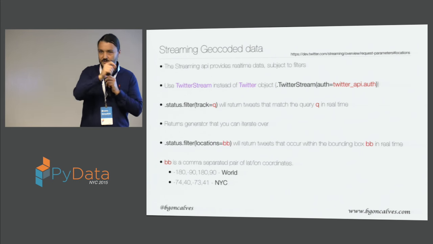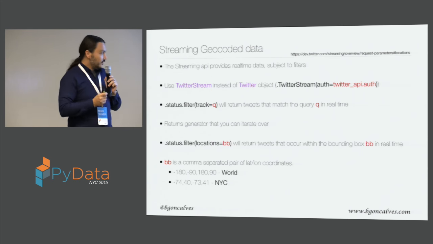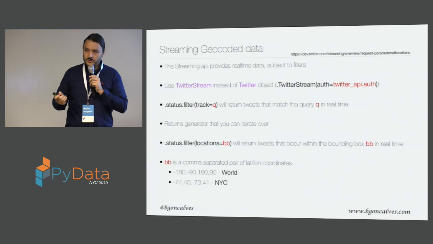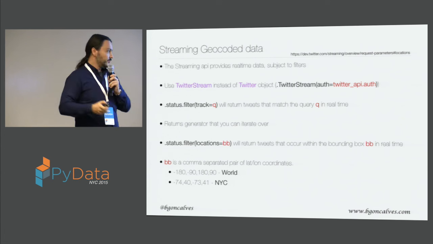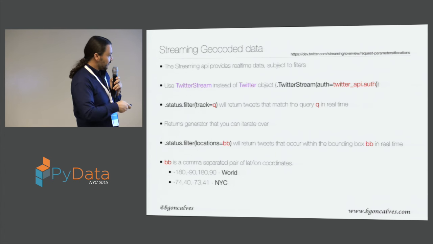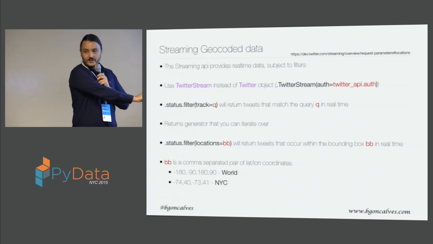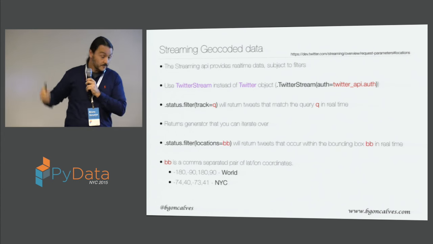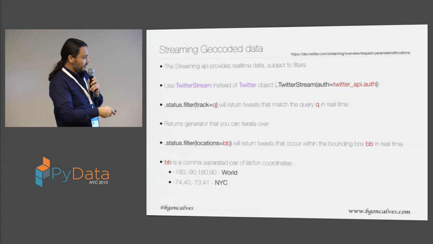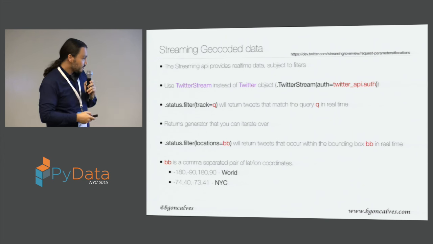The bounding box is a set of latitude, longitude coordinates that defines a box of results you're interested in. For example, if you give it minus 180, minus 90, 180, 90, it will give you the world, because you're defining the minimum longitude, minimum latitude, and the maximum longitude and maximum latitude you're interested in. Or if you're just interested in New York City, you can give it minus 74, 40, minus 73, 41.